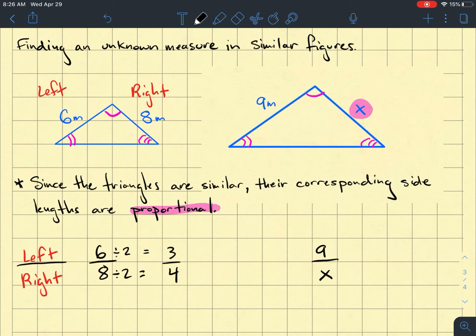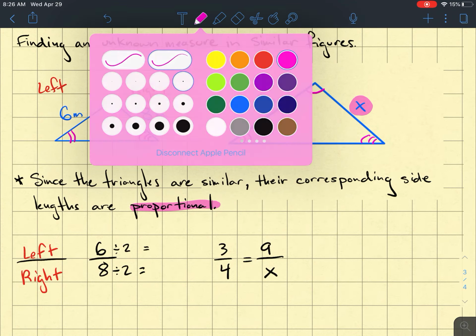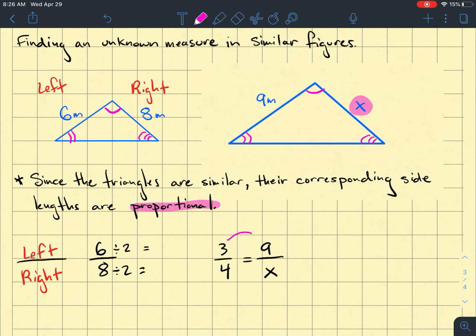Now that I have my two ratios, my two proportions for my two similar figures, I can put them together. I can say 3/4 is equal to 9/x. And remember, I can cross multiply and solve, or all I have to do is just scale.